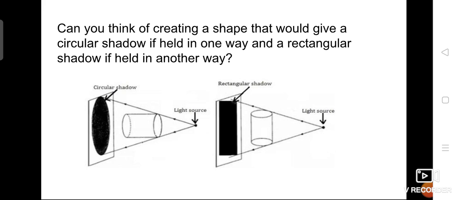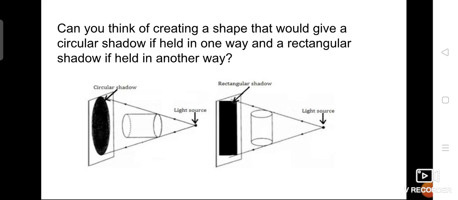See, when we talked about shadow formation, in the previous session itself I told that shadows never show the exact shape of the object. Have you remembered that? The shadows formed never show the exact image of the object.